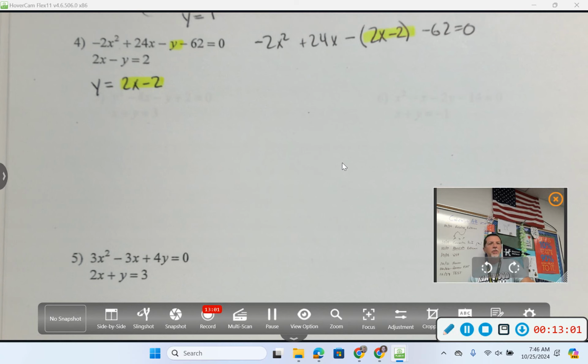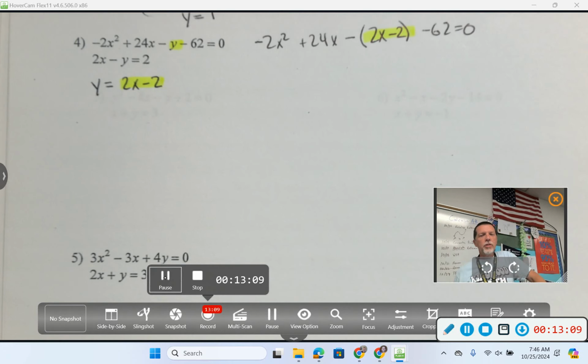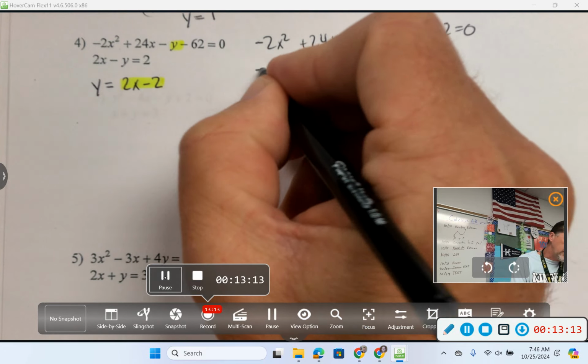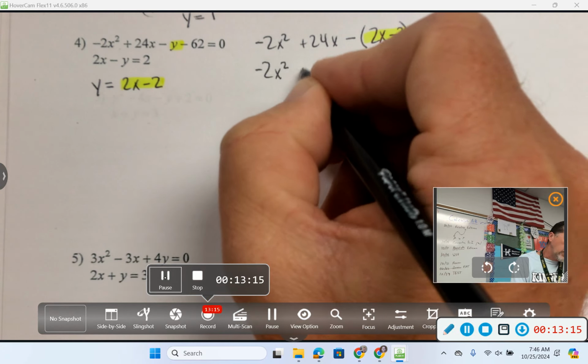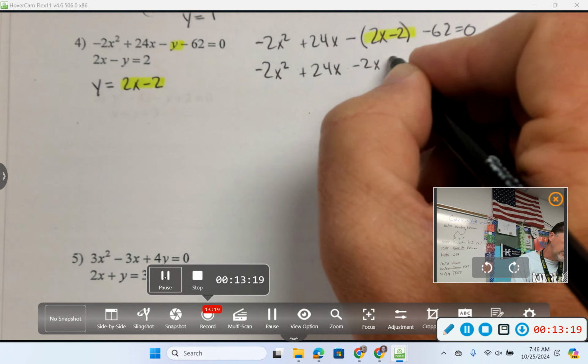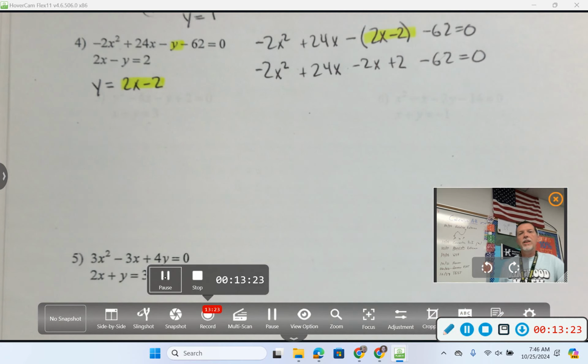So I substituted 2x minus 2 in for y. All right, gentlemen, I need you guys to substitute. Careful with that minus sign. Negative 2x squared plus 24x minus 2x plus 2 minus 62 equals 0.